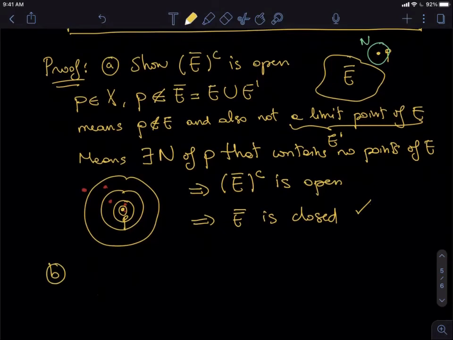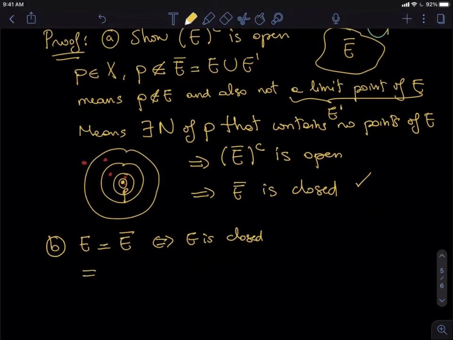Now B, here we need to show that E coincides with its closure if and only if E is closed. So it's an if and only if.